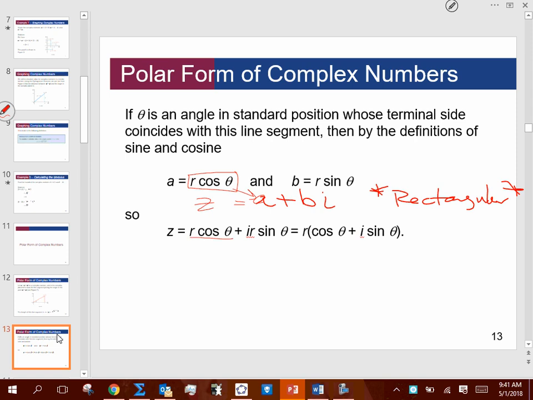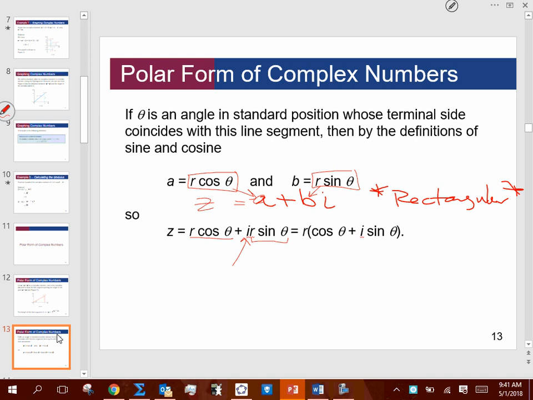So we get that right there. Your B is r sine theta, so replace that B with r sine theta right there. Okay? But I can't replace the i, so that's why that i is right there. Okay? It still needs to be attached to the B component, which is now rewritten as r sine theta. Does that make sense? Okay.